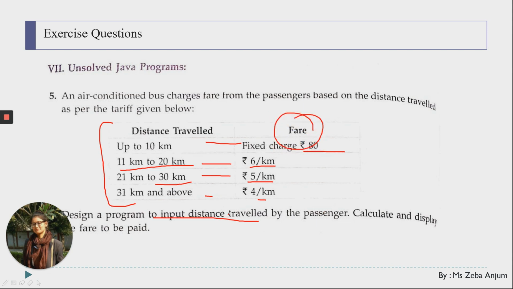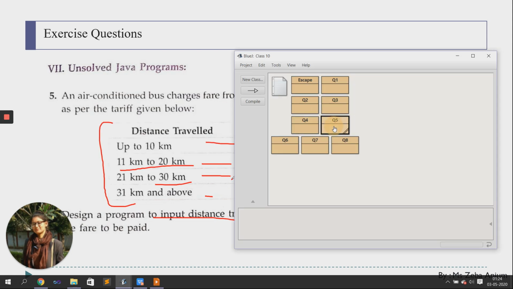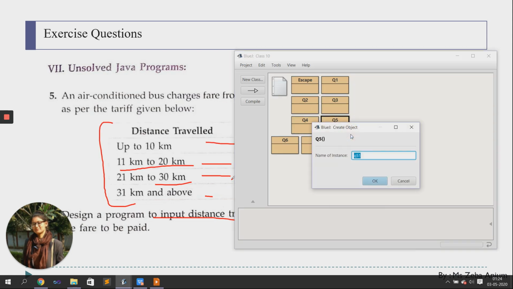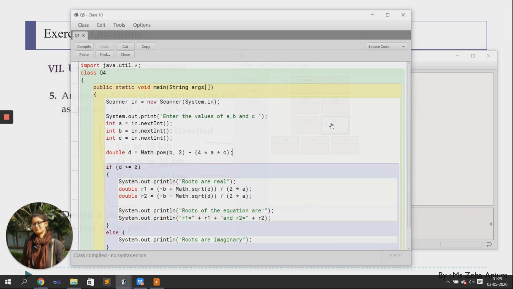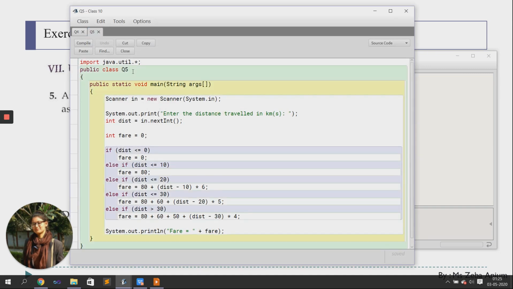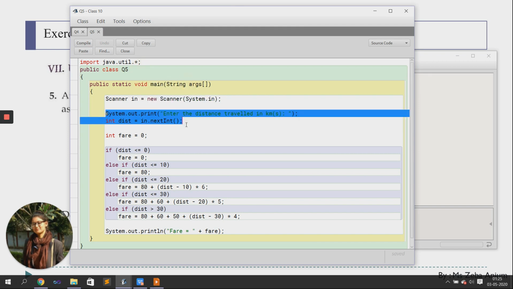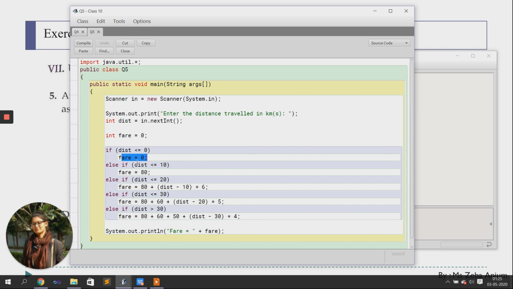Okay, so in this question, D means distance and fare is initially zero. If the distance is less than the limit, then your fare is 18.